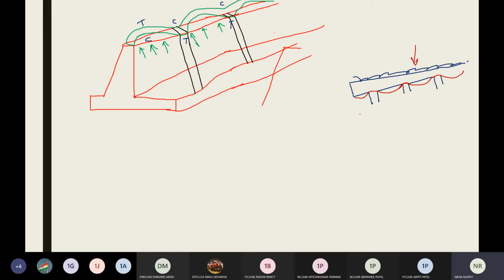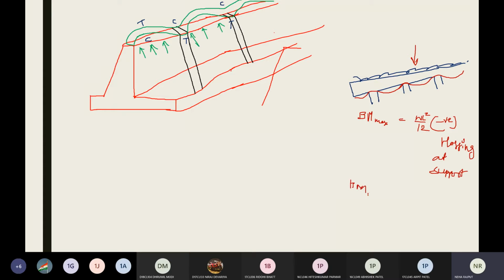So for hogging moment, maximum bending moment for hogging is WL square by 12. Right, for hogging moment means negative moment. Negative or hogging, at support. Maximum bending moment.